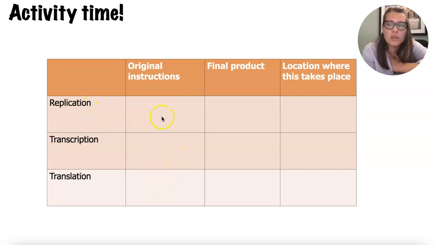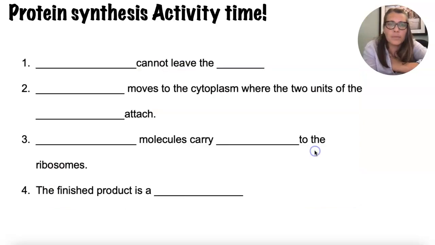Replication is nucleotides, and there are 2 strands of DNA that are going to be replicated, right? Transcription is still nucleotides, but only 1 strand. For translation, the original instructions are written in what? Still nucleotides, right? Those codons. But the final product here is amino acids, while in the others it is still nucleotides. And then the location.